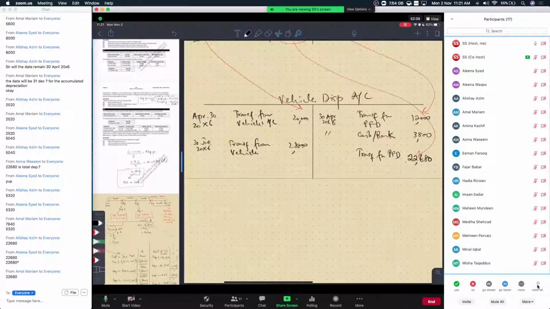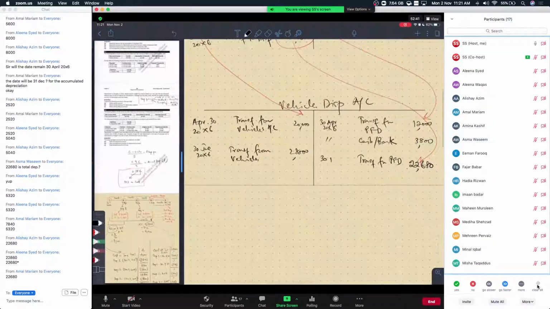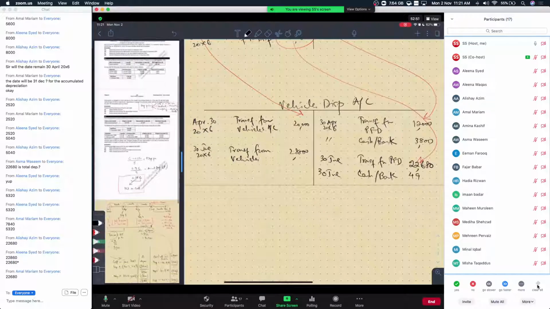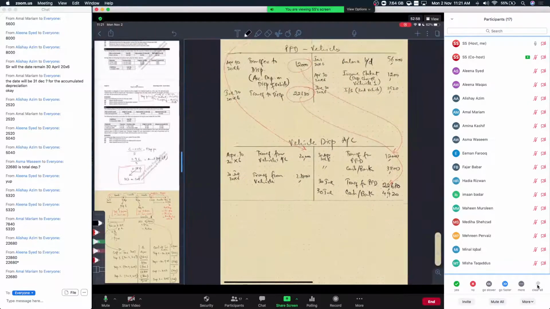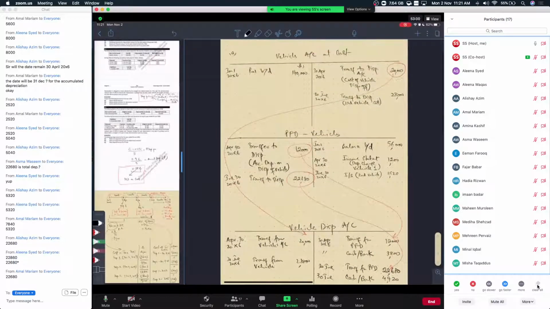So 30th of June here, and then again 30th of June, cash or bank, which is 49, was it 4920? Yeah, 4920. All right. So this is the situation up to the current point.